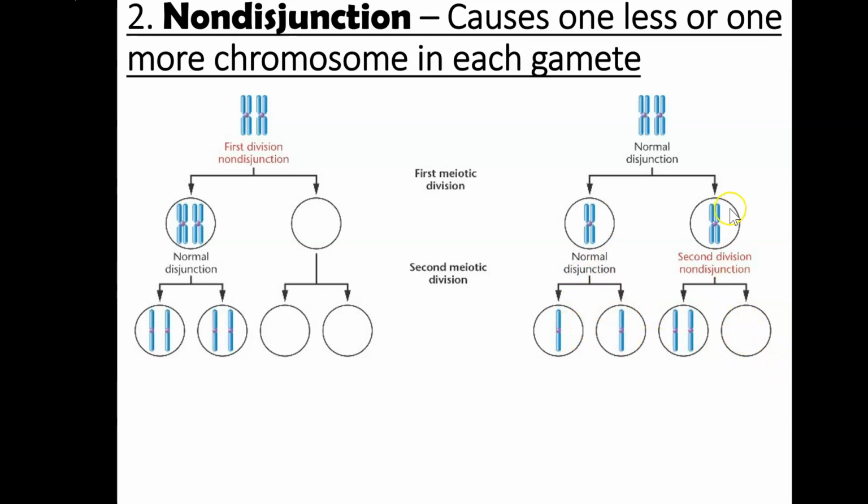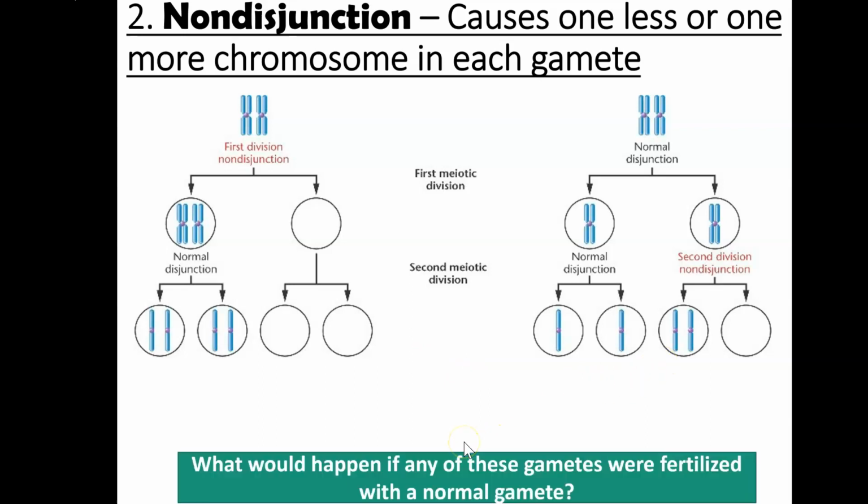In this case, during the second division, the chromosome didn't split equally, and both chromosomes entered one cell. This creates cells with either one too many chromosomes or one too few.